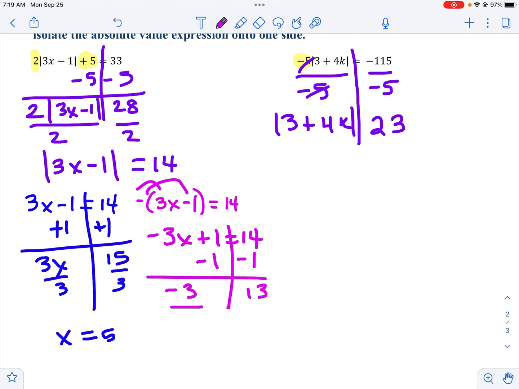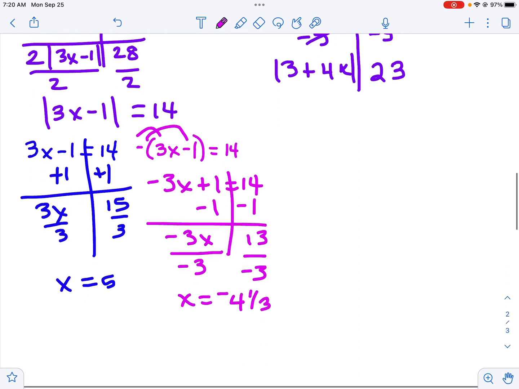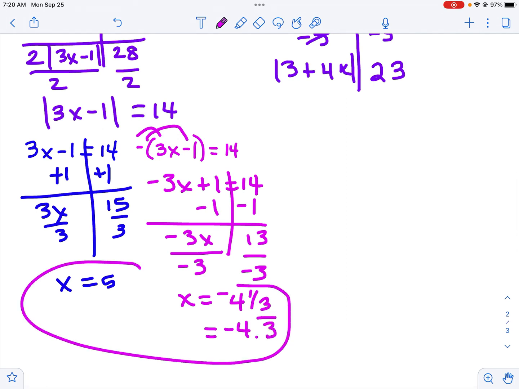It's not going to work out nicely because 3 does not go into 13 evenly. But I can write it as a fraction or an improper mixed fraction. 3 goes into 12 4 times with 1 left over. The decimal response, if you had been using a calculator, would have been -4.3 with a repeater bar. These are my two solutions.